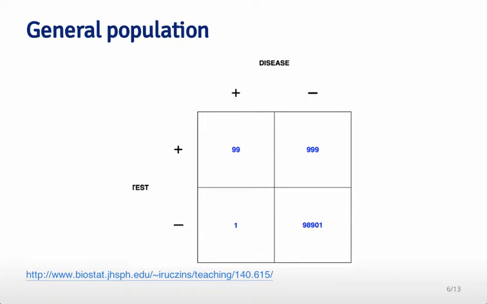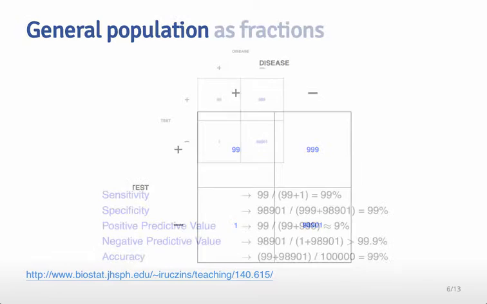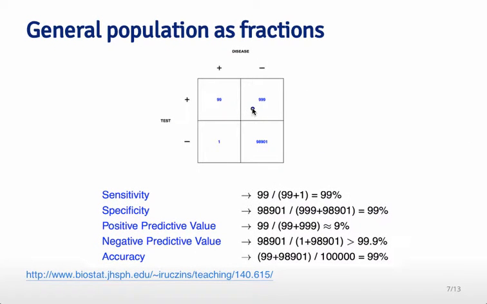But suppose we wanted to know, if you got a positive test, what's the probability that you actually have the disease? Let's look at this for a second. Suppose you got a positive test, that's this first row right here. What's the probability that you actually have the disease? That's the number of people that actually have the disease among the total number of people that had a positive test. So that's 99 divided by 99 plus 999.